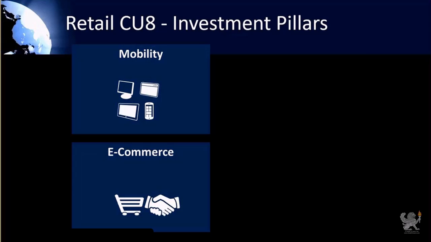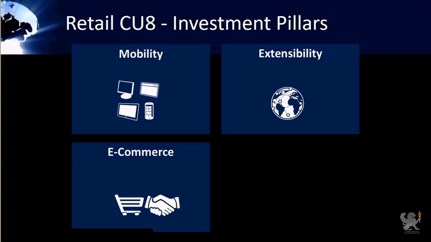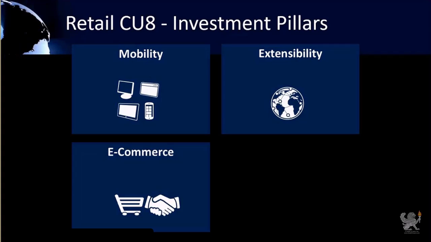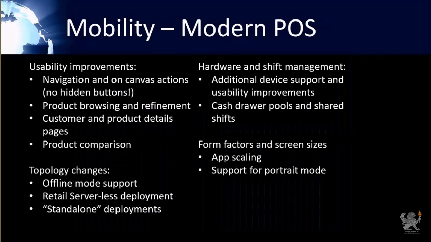Extensibility improvements, again a bit across the board, but with a heavy emphasis on the modern POS clients. And enterprise deployment. This is something that has been sorely needed in the solution for a long time, and we made our first investment in that in R3. This takes enterprise deployment and monitoring to the next level. I'll go into each of these in a bit more detail.